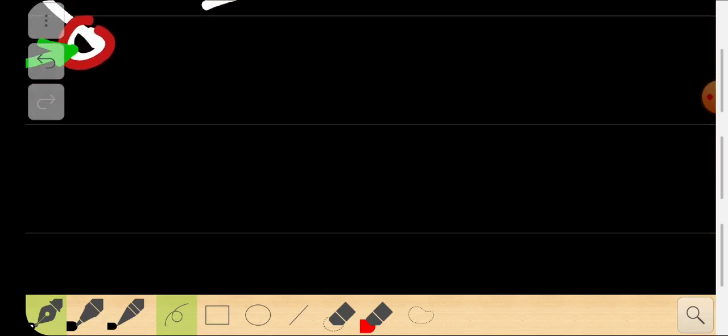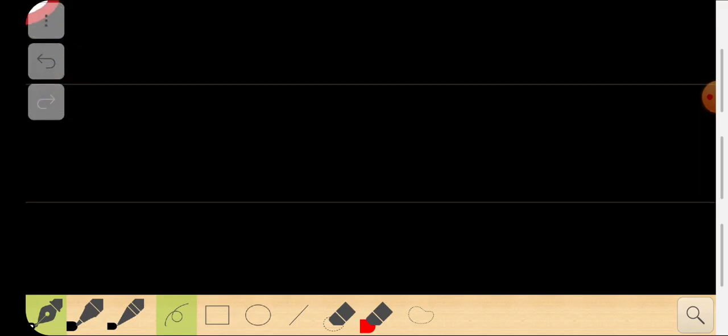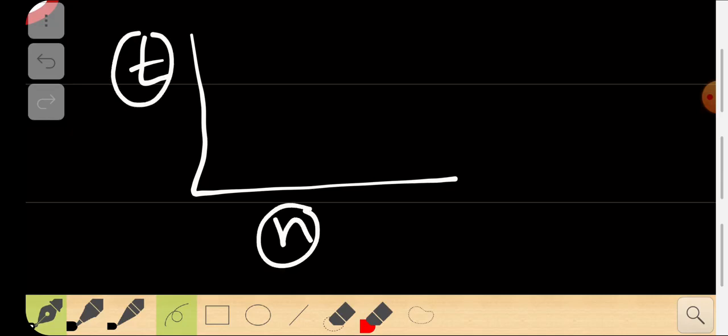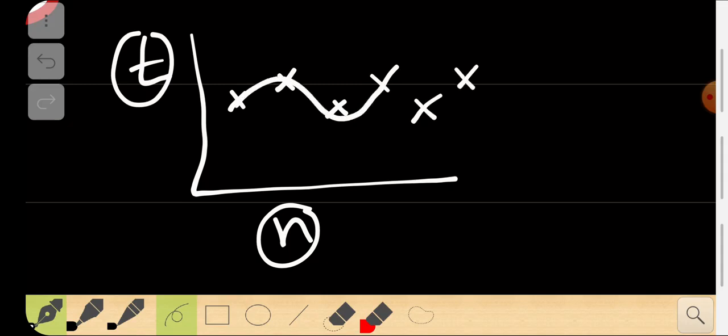So with this, say I have a plot of time versus the number of experiments that I've taken with the pendulum swinging back and forth. Each time I get a time value, and the next time another, and so on. So you see that there is an inaccuracy in the measurement that you made.